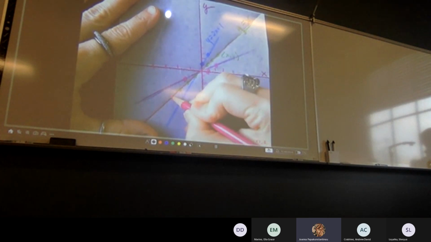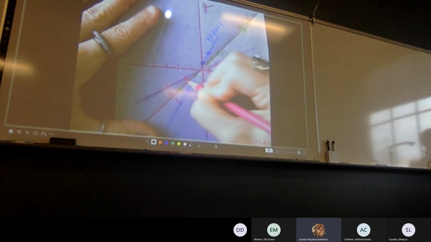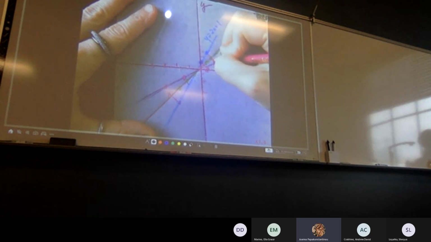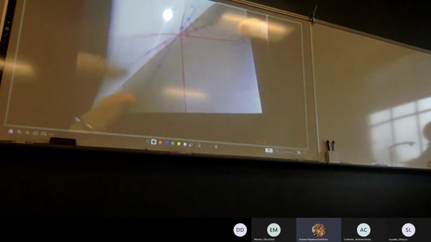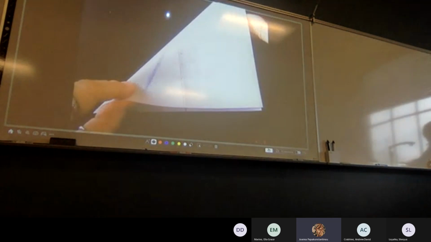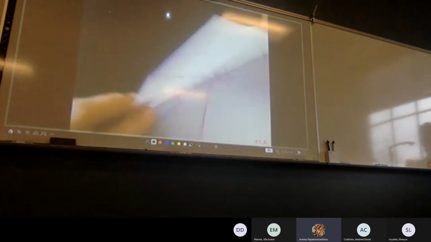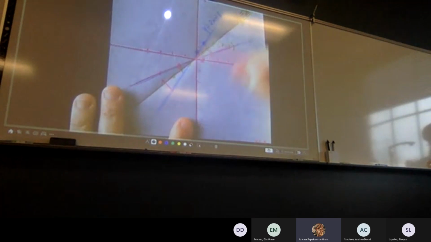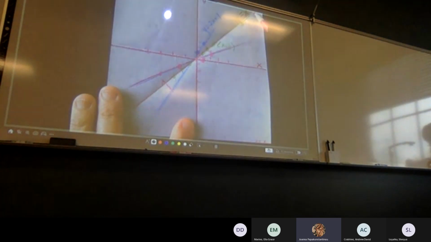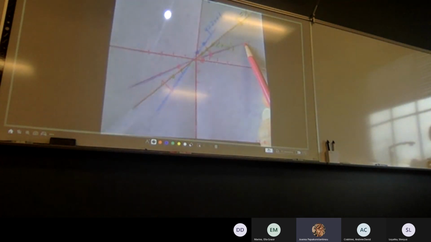This point, reflected across this line, moves here. Do you see how they're moving? I'm just reflecting it across the line y equals x, but you have to fold it and look through it to see. So this line reflected across y equals x gives me this line.